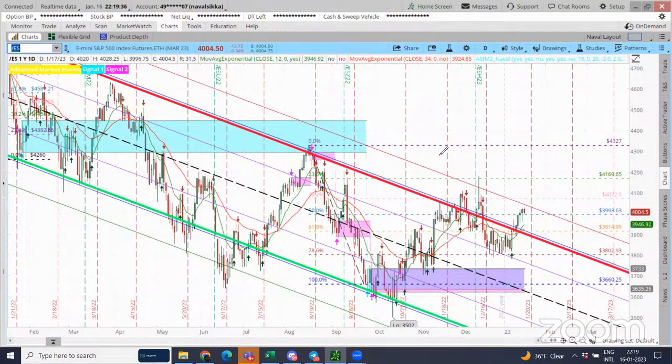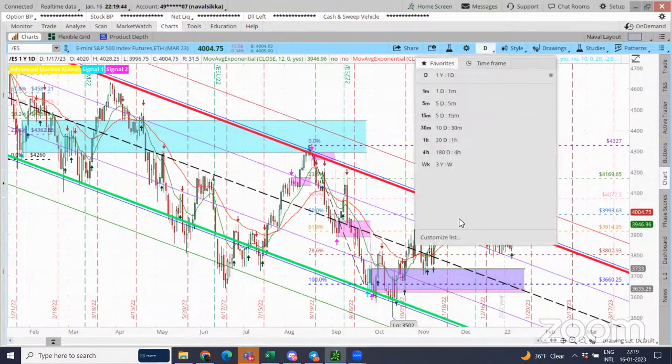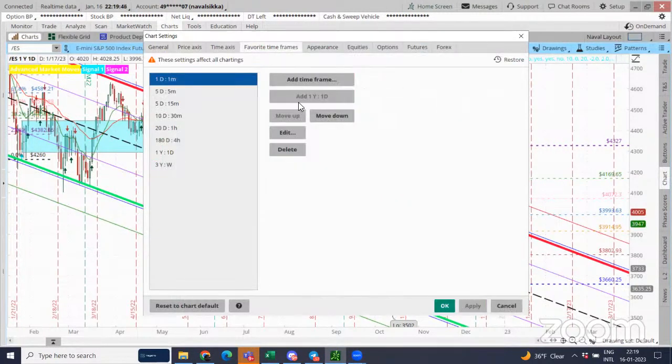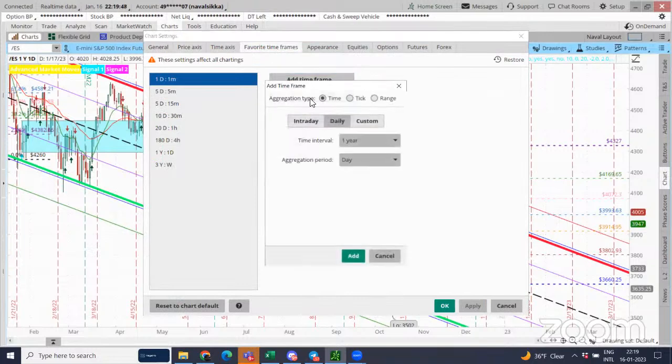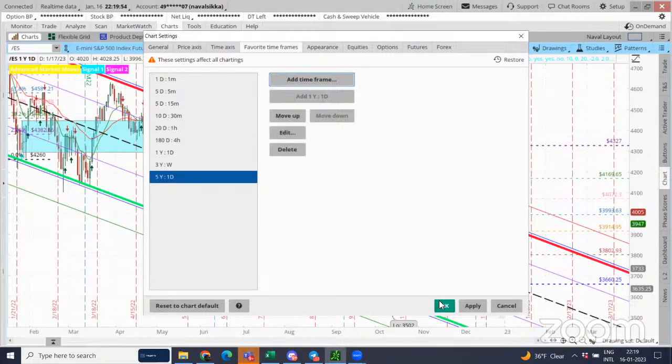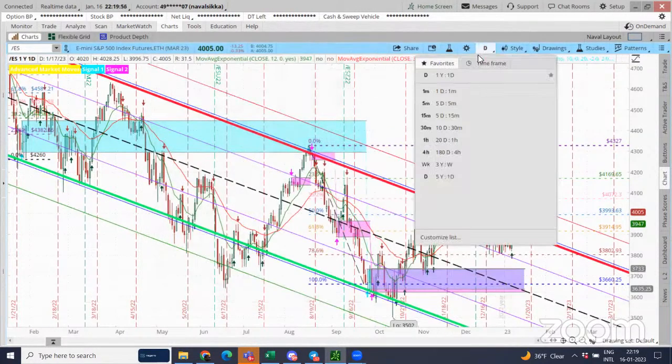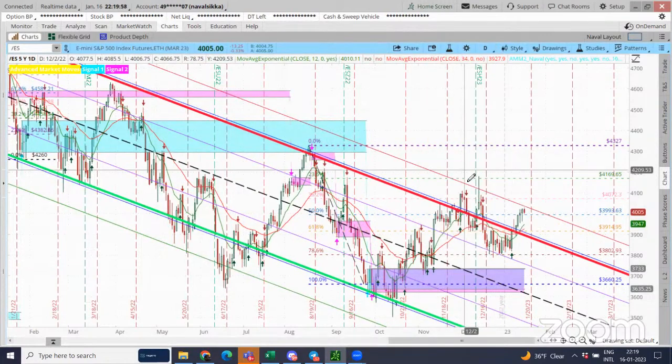Let me take one more time horizon. Let me add time frame, intraday time interval, 5 years duration. I want to take a 5 year period.